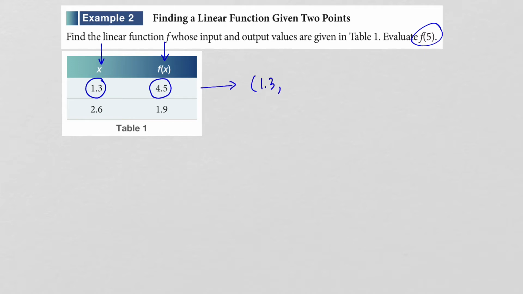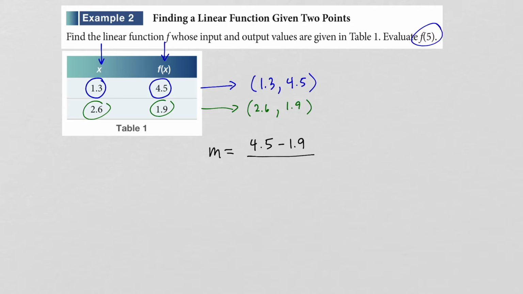We can write this in a coordinate form like so. And then the second point is when x is 2.6, f of x is 1.9. Now what we can do is use this to find the slope of the line, and we do this by subtracting the y values, 4.5 minus 1.9, divided by subtracting the x values, which is 1.3 take away 2.6.